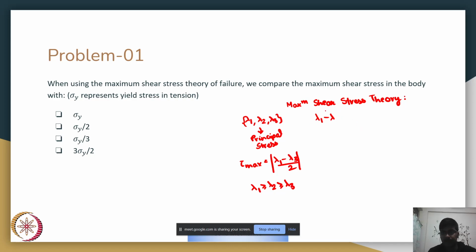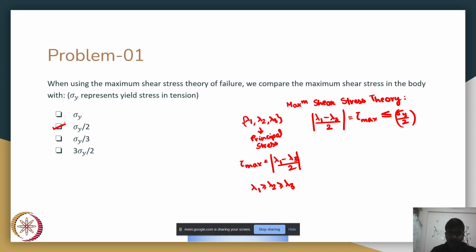Then your maximum shear stress theory is written as the norm of lambda 1 minus lambda 3 by 2, which is tau max, should be less or equal to sigma y by 2. So this basically is option B.